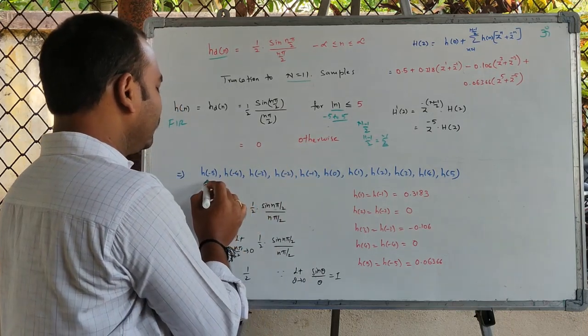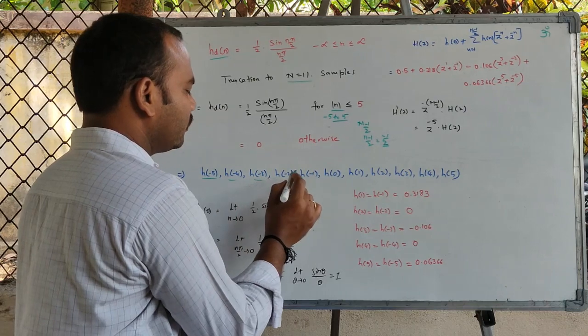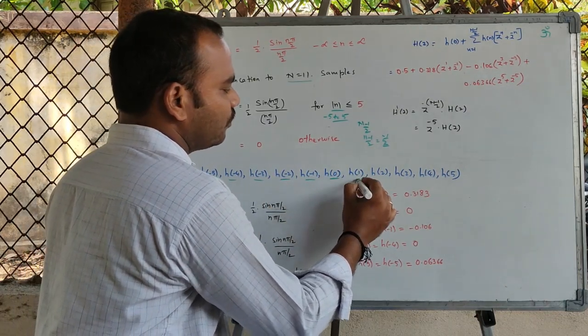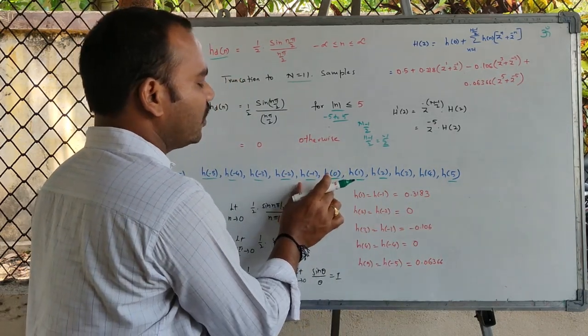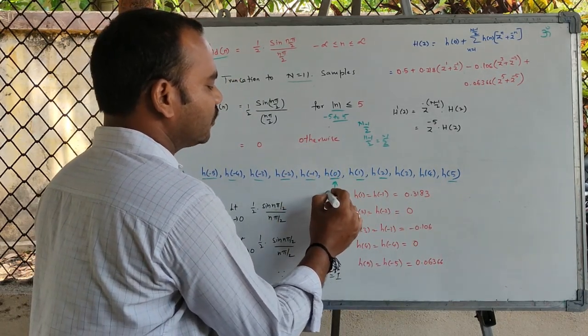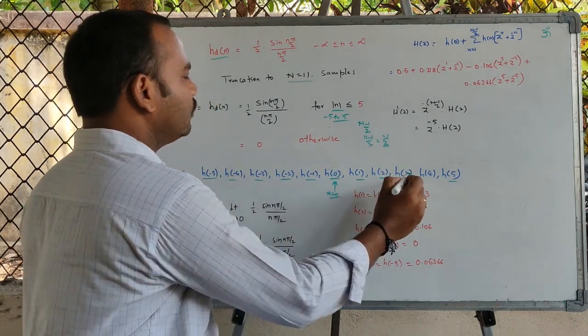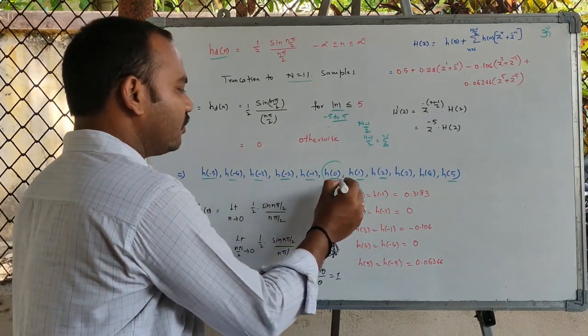So we will get the filter coefficients as h of minus 5, h of minus 4, h of minus 3, h of minus 2, h of minus 1, 0, 1, 2, and so on up to 5. This particular impulse response is symmetrical about n equal to 0. Next, we need to find these values from this equation. First, we will find the value of h of 0.